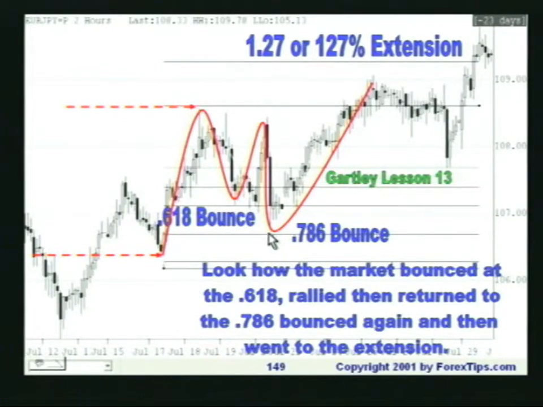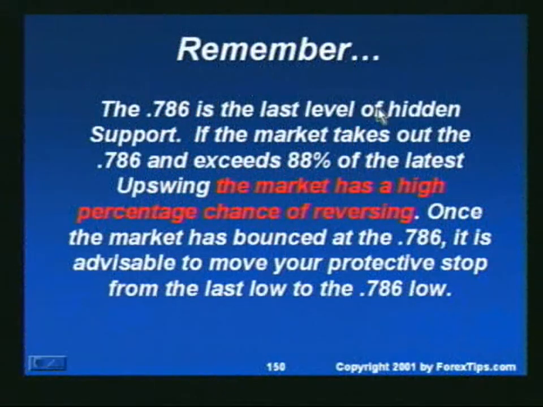In an upswing, the 786 is the last level of hidden support. Do not cancel or replace your stop unless the market has bounced off the 786 and started to climb. Under the rules of cancel and replacing, you wouldn't cancel or replace anyway until the market has achieved a new high. 786 is the last level of hidden support.